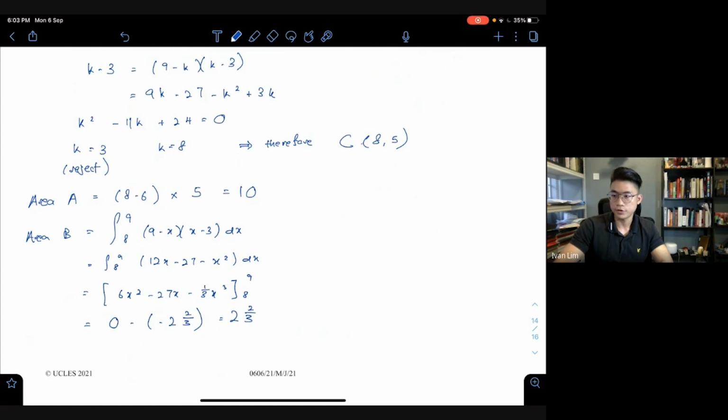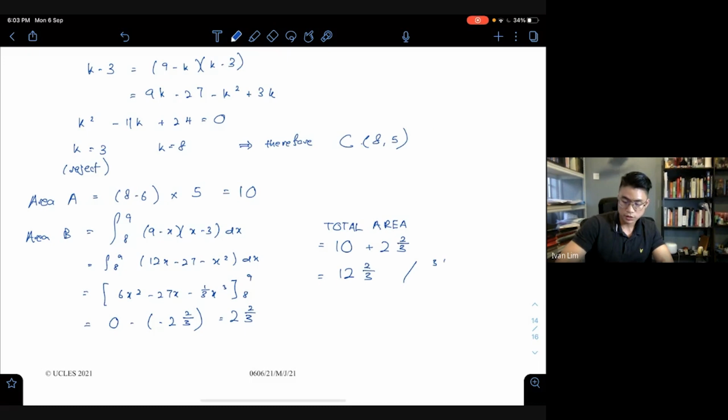Yep, 8 over 3 also fine. Therefore, final one. Total area is equal to area A plus area B, which is 10 plus 2 and 2 over 3, which would give you 12 and 2 over 3, or you can write it as 38 over 3.